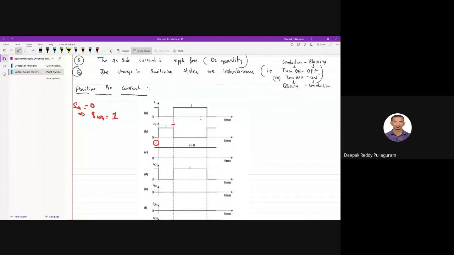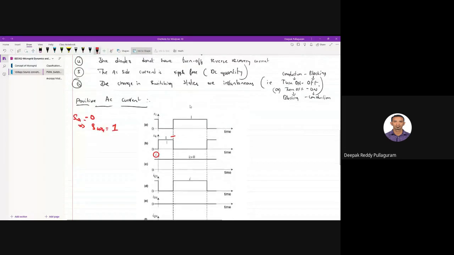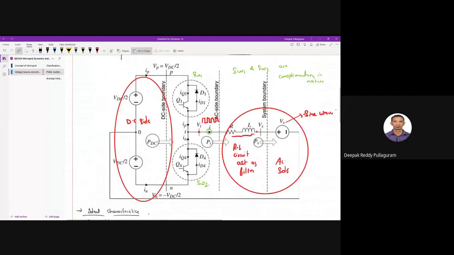Now during this, the current is positive. What does it indicate? My current is flowing in this direction only. How can that happen? If the current flowed this way, the switch would have to be on, but a diode can't conduct reverse current, so diode D1 is not conducting and Q1 can't conduct.